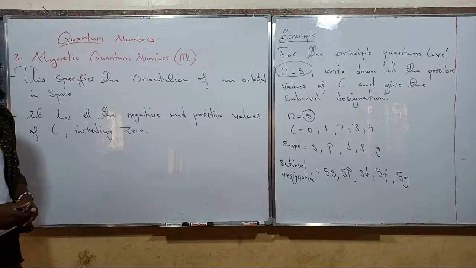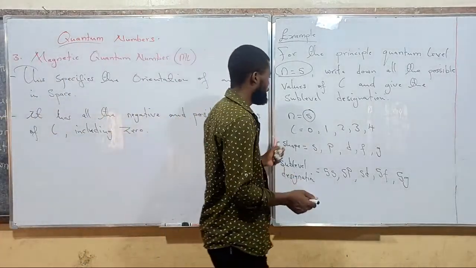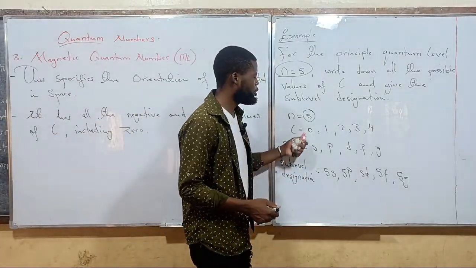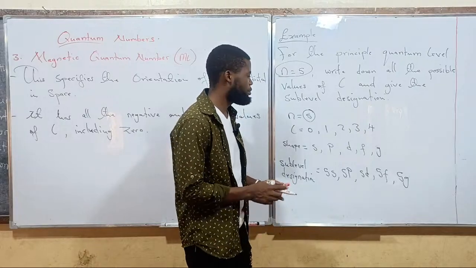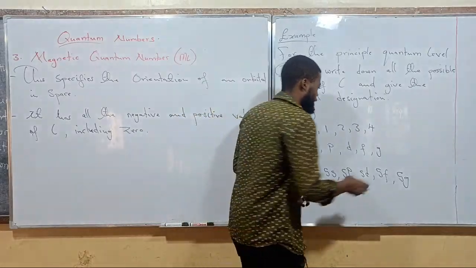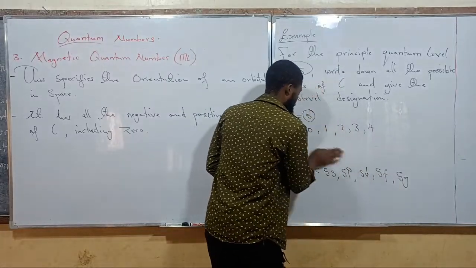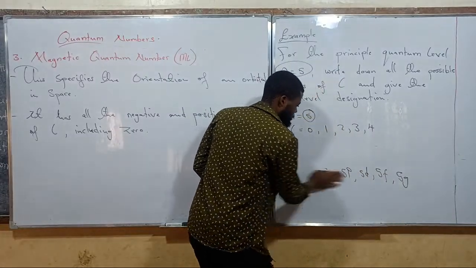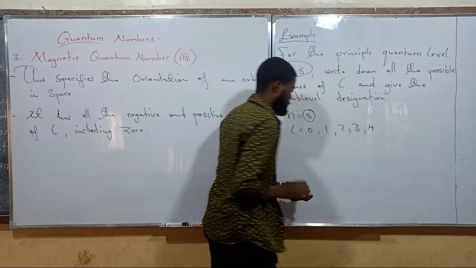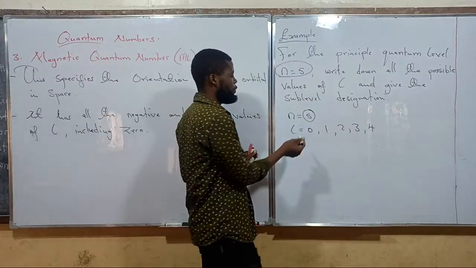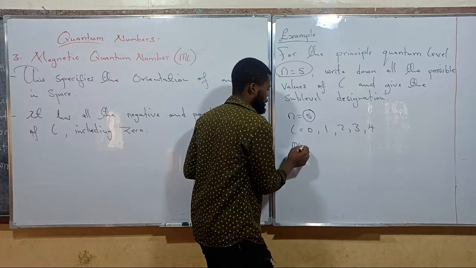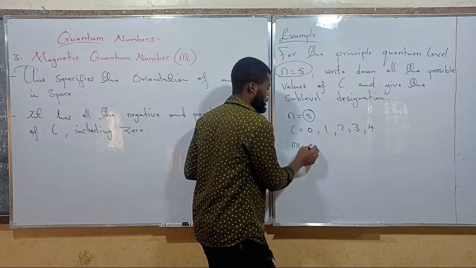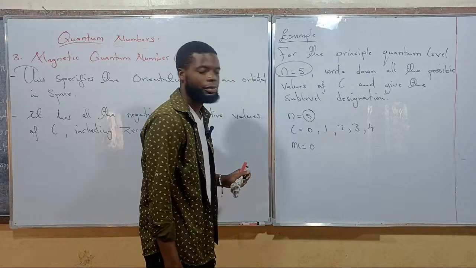So, for example, if L is equal to 0, of course we do not have a negative 0, then ML will also be equal to 0.